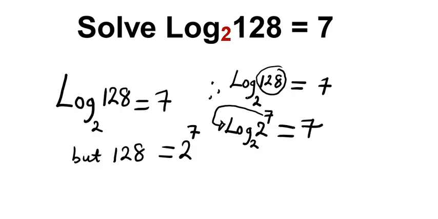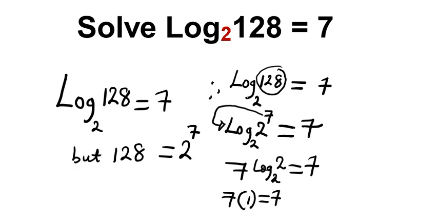So we now have 7 log 2 to base 2 is equal to 7. Now here we have log 2 to base 2 is going to be 1. We now have 7 multiplied by 1 is equal to 7. Therefore, 7 is equal to 7. So we have proven that log 128 to base 2 is equal to 7.